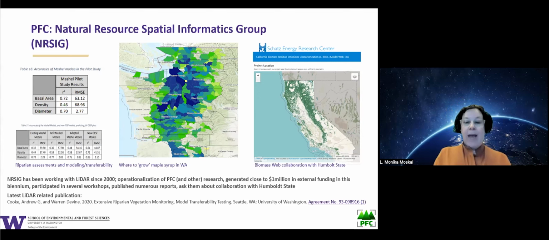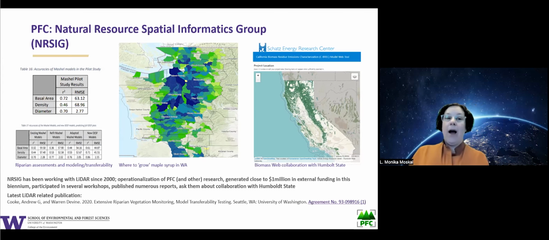So for example, the Natural Resource Spatial Informatics group has been working with LiDAR since 2000, making it operational. And they collaborate quite a bit outside of the PFC, for example, looking at biomass mapping, which is the first step to forest carbon. If you want to know where the carbon is, you are interested in the biomass of the forests.